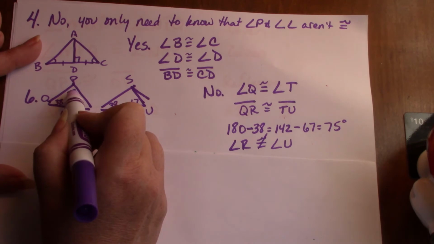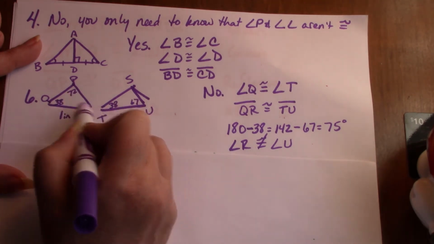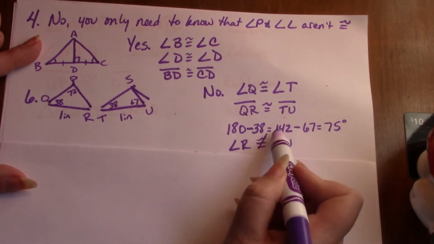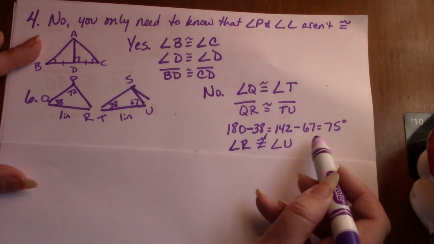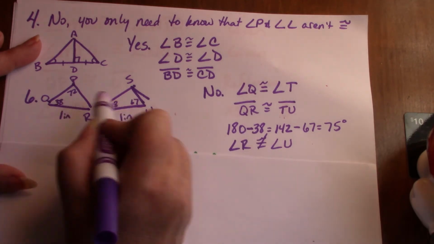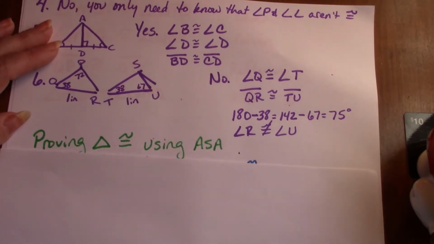And then the question is, does 72 and 67 and 38 make 180? When you do the math, you discover no, that angle R and angle U are not congruent, which means these two triangles are not congruent.